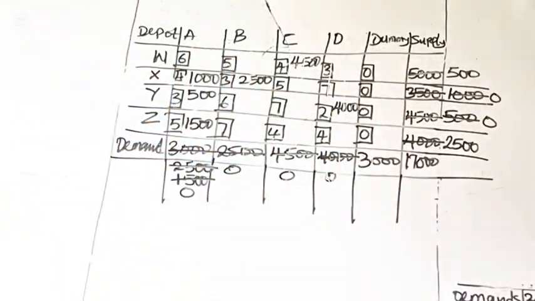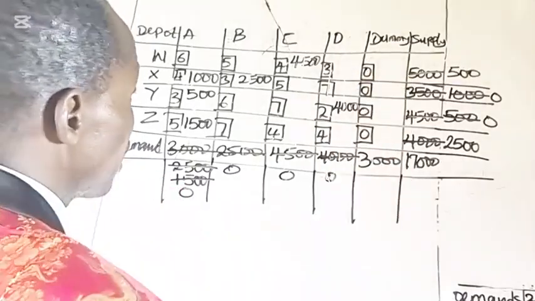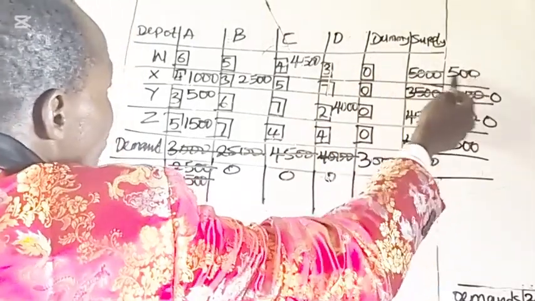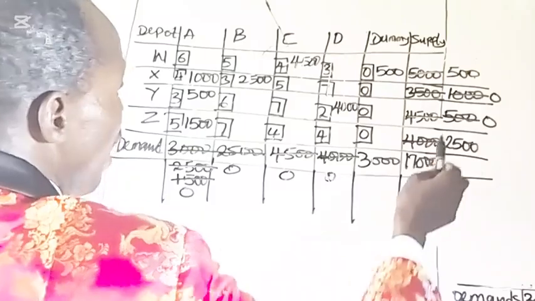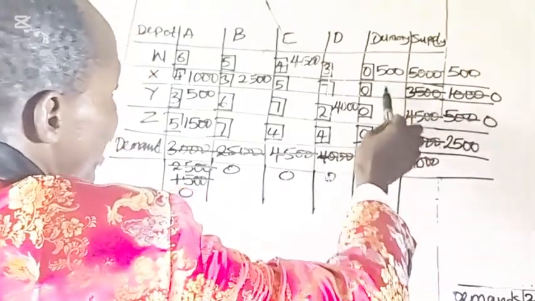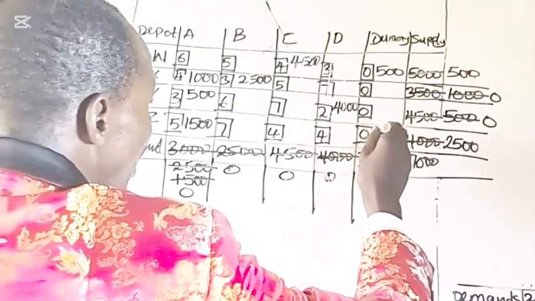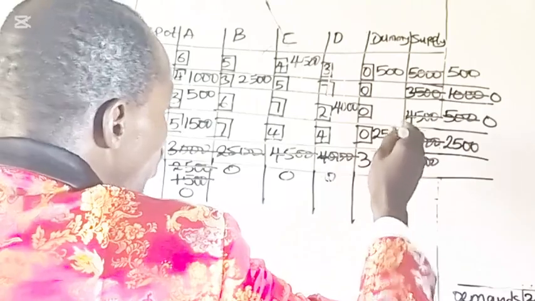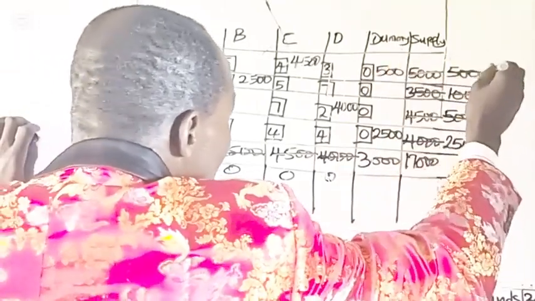That means the only thing that we have not assigned or allocated anything to is the dummy. So you have 500 left in this row, you can only give that 500 to dummy. Then you have nothing left here, nothing left here. Here you are left with 2,500. So you can give that 2,500 to dummy. So this one, when you give it here, is 0.